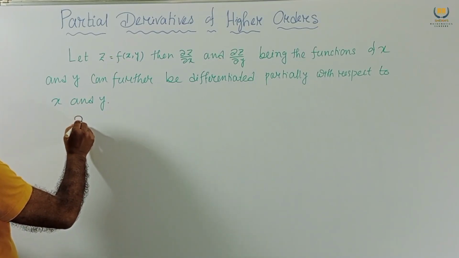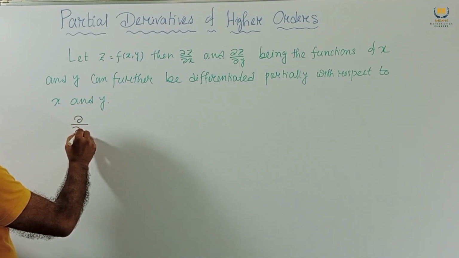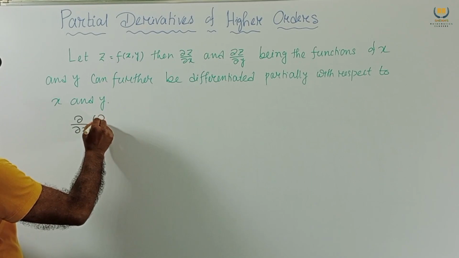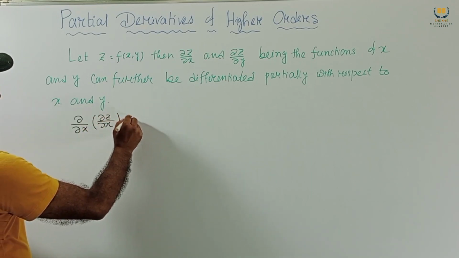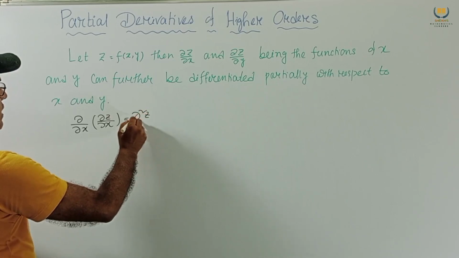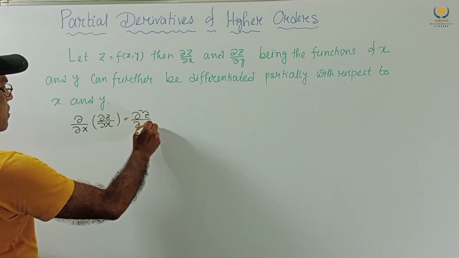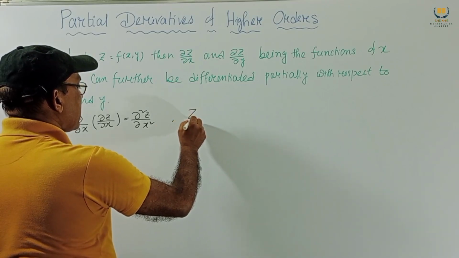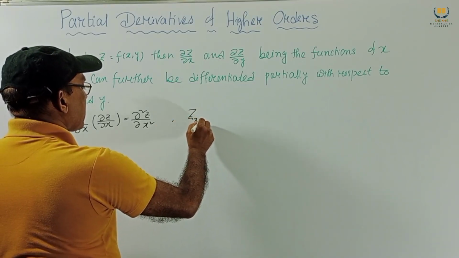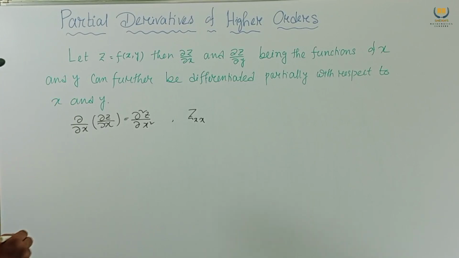If we differentiate again with respect to x, this will be del square z del x square, or we can write this as z x x.